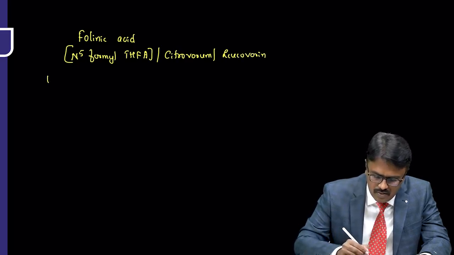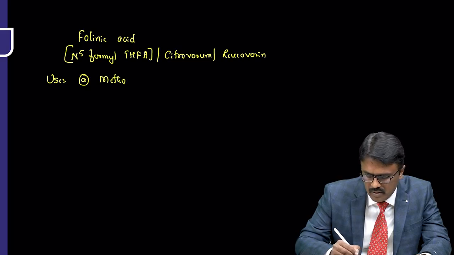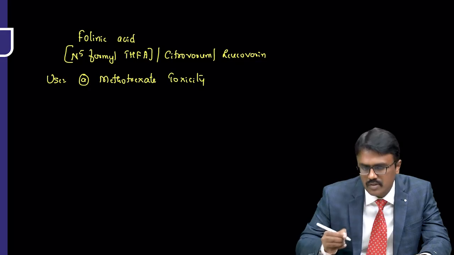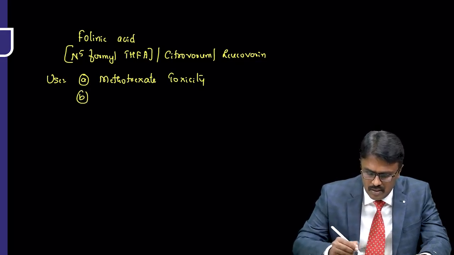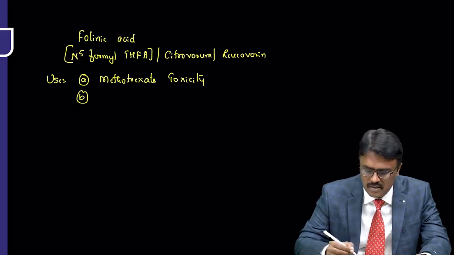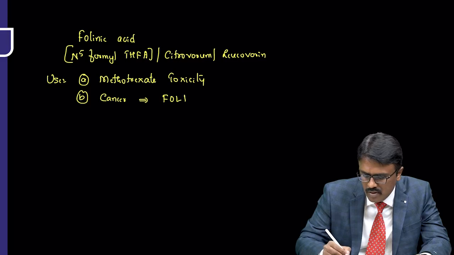So where to use it? What is the use of folinic acid? Number one, it is used in management of methotrexate toxicity. Number two, it is used with a drug called 5-fluorouracil in cancers. There is a regimen called FOLFOX.